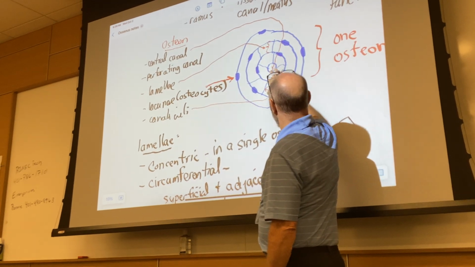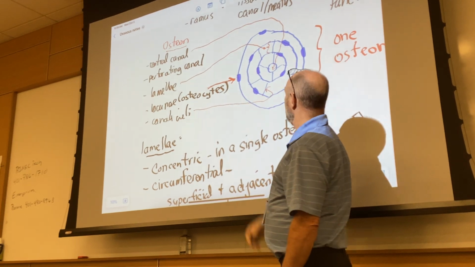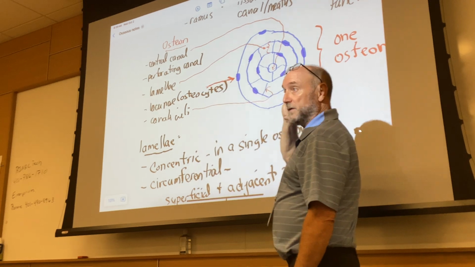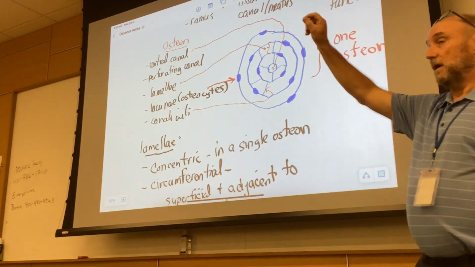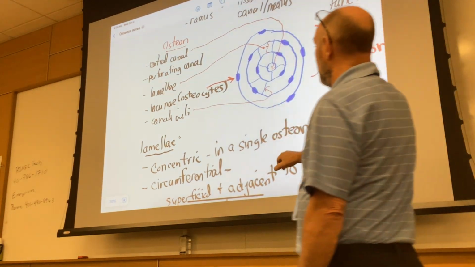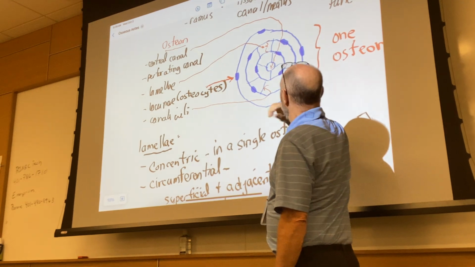It has these individual layers right here. It has these little football-shaped things, and then these little lines. Those little lines are the canaliculi, and they connect adjacent lamellae. Each of those layers is called a lamella. This is 1 lamella, 2 lamellae, 3 lamellae.